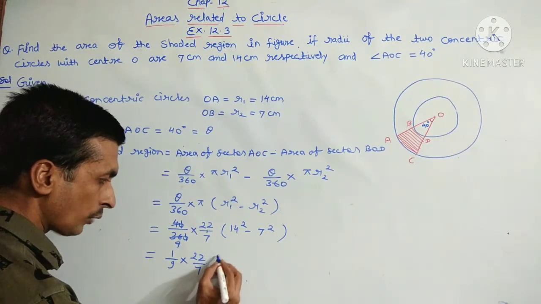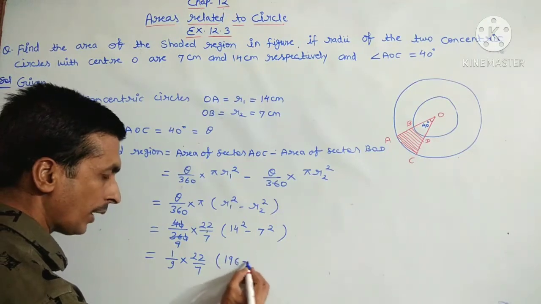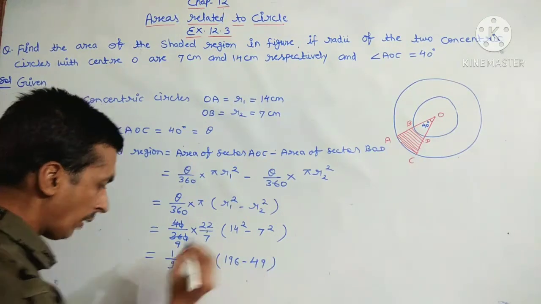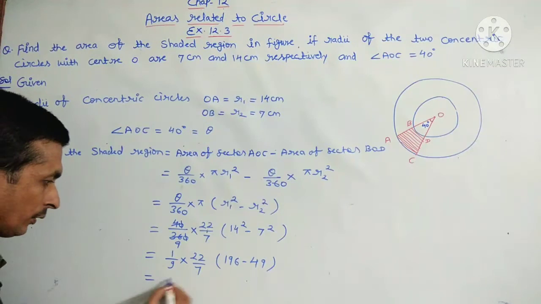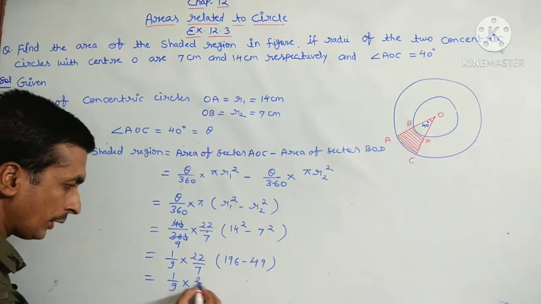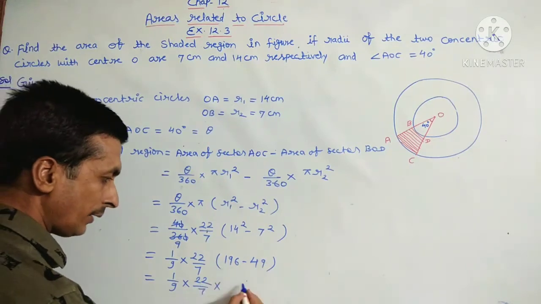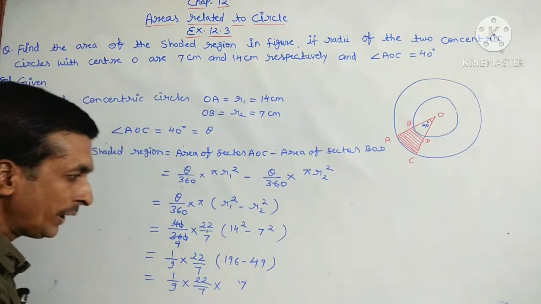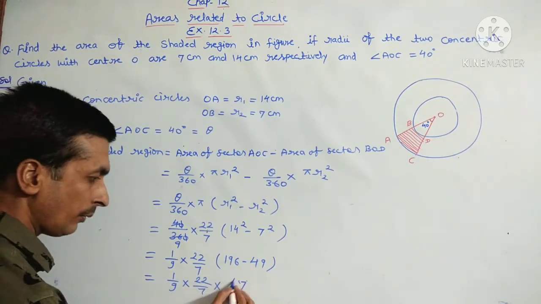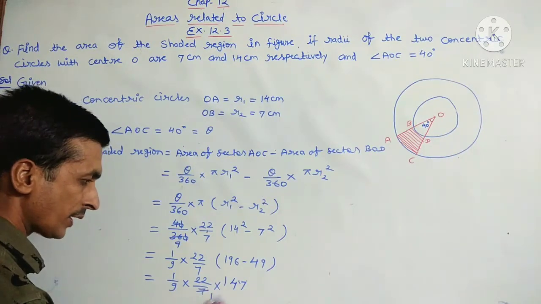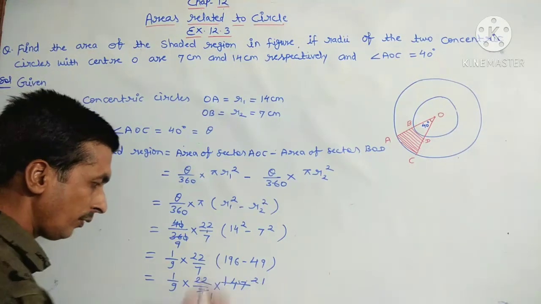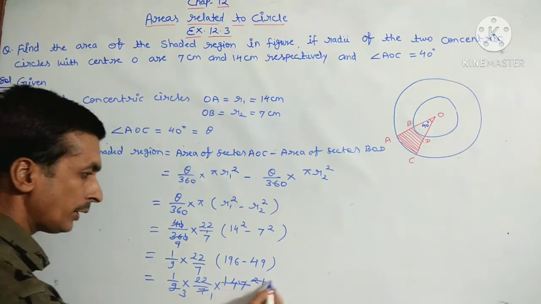What will 14 square be? It is 196 minus 49. After subtracting, you will get 1 upon 9 times 22 upon 7 times 147. Then 7 times 21 is 147, and 21 cancels with 9 to give 7 upon 3.